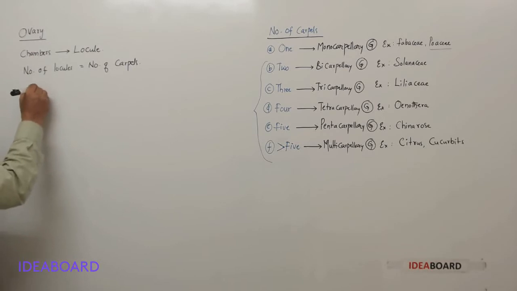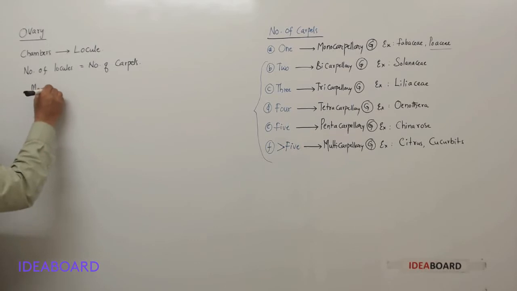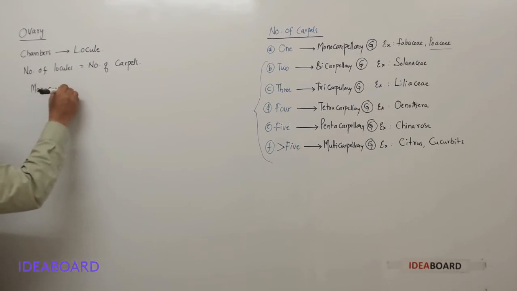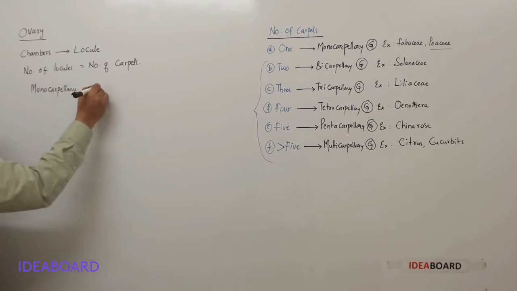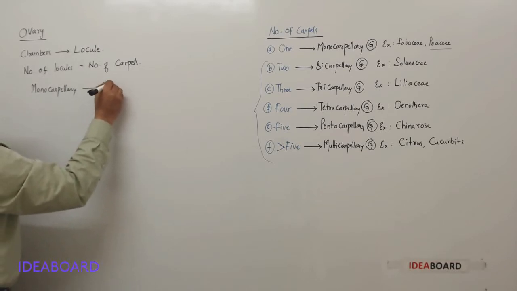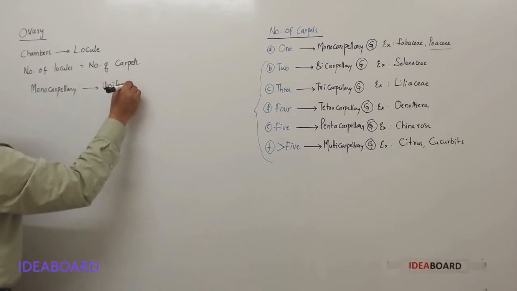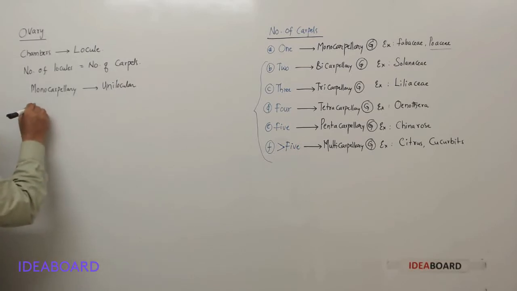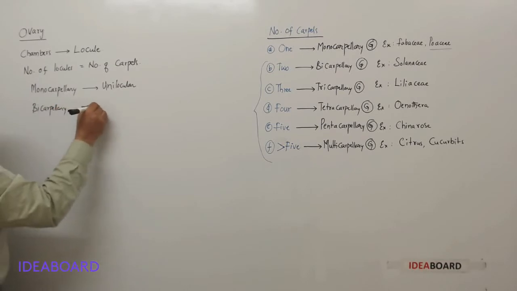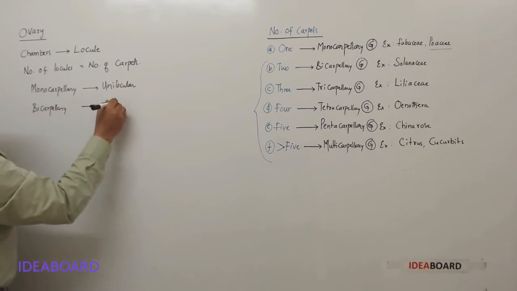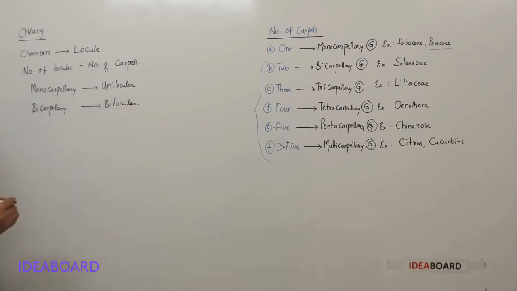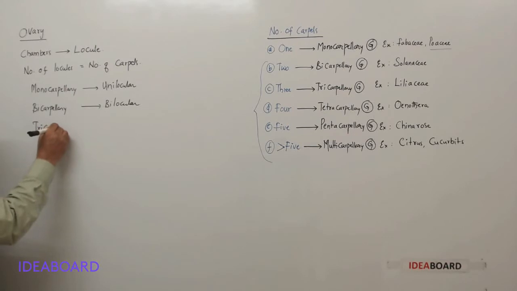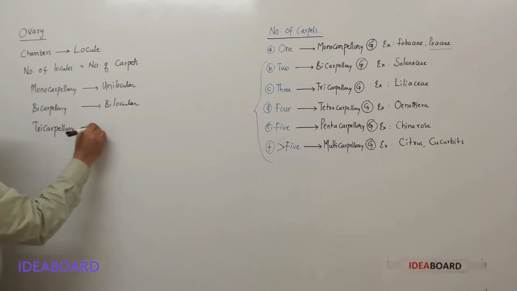When it is monocarpellary, then there will be one locule, so it is called unilocular. Bicarpellary, bilocular. Tricarpellary, trilocular.